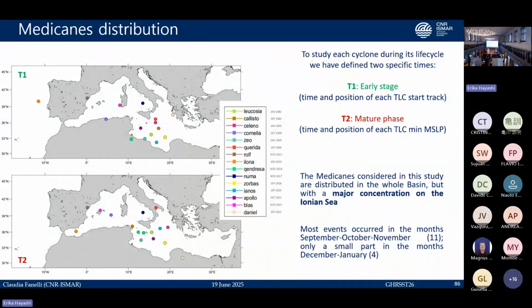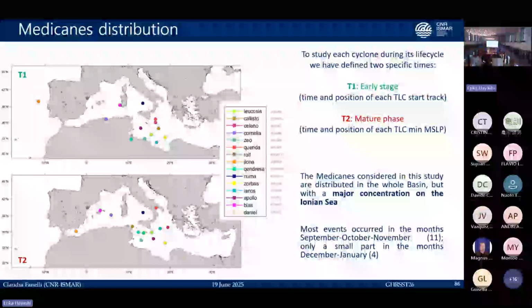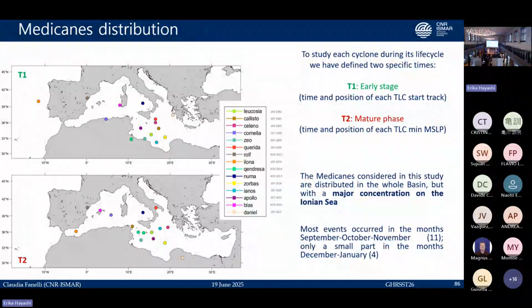We have just one medicane originating over the Atlantic, and you will see that it will be the only one with a different behavior. We can say that most of the events occurred in the months of September, October, and November, with just 4 exceptions, which occurred in January or December.